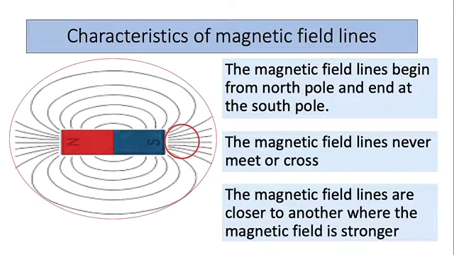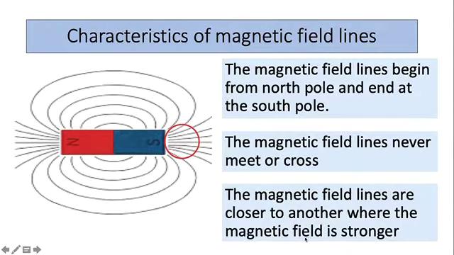Lastly, the magnetic field lines are close to each other where the magnetic field is stronger. This means that the closer the lines, lebih rapat garisan-garisan ini, the stronger the magnetic force.